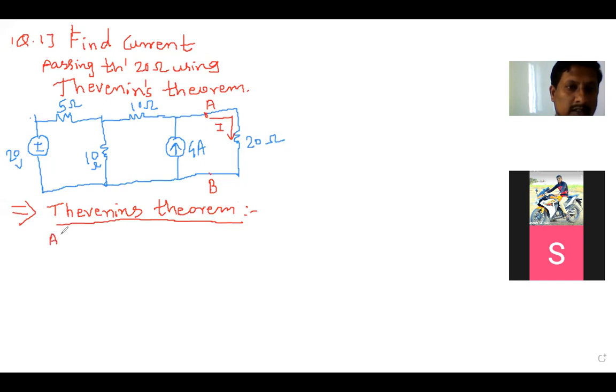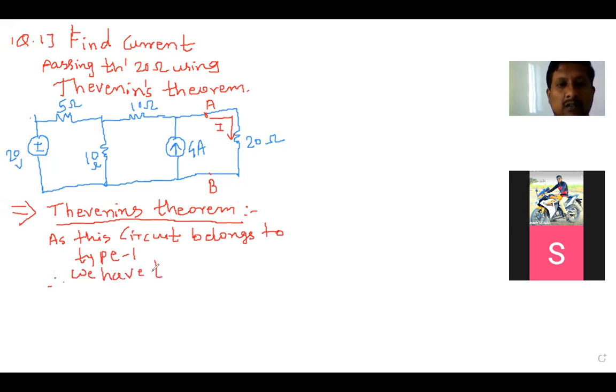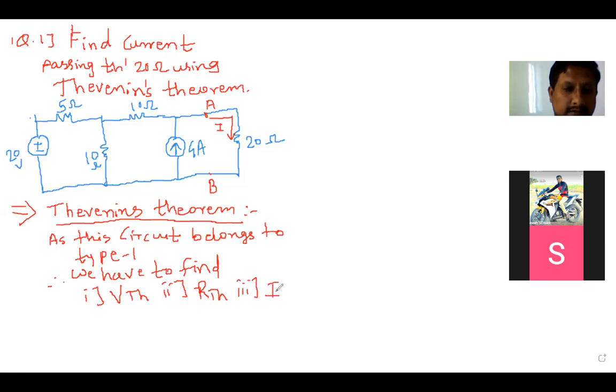As this circuit belongs to type 1, we have to find first VTH, second RTH, and third the current I or IL.